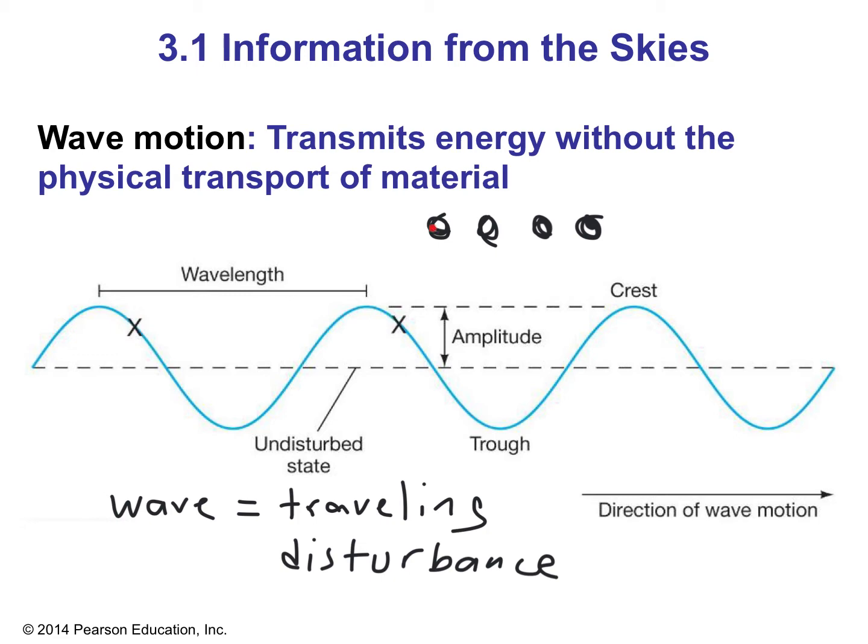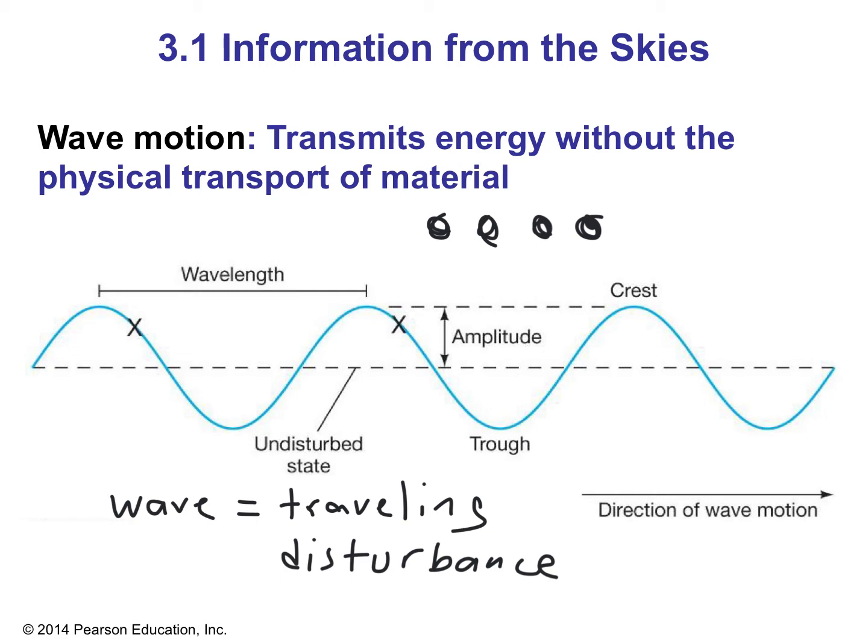And that is what we mean when we say there's no physical transport of material. If the wave goes all the way over to the wall with a big long chain of students, each of these students doesn't go over to the wall. They stay where they are. They're not being transported. But that wave of energy, as it's pressed from one student to the next, that pulse can travel all the way to the other side.